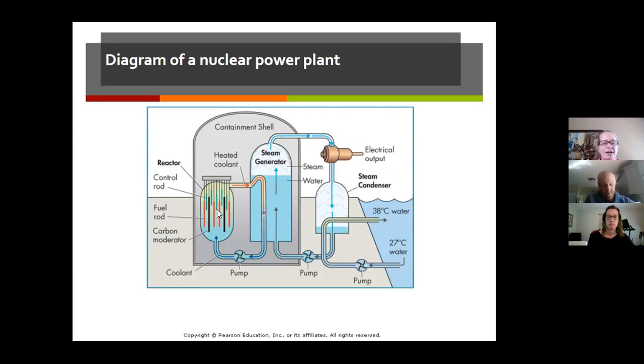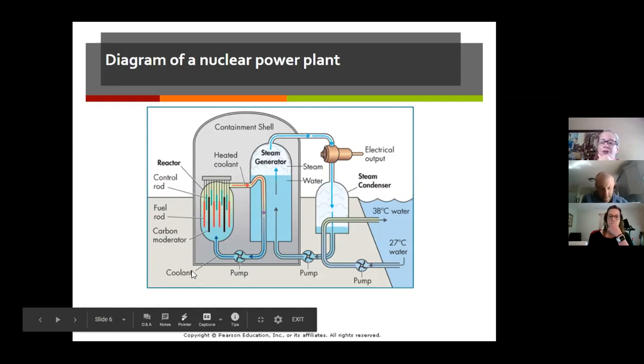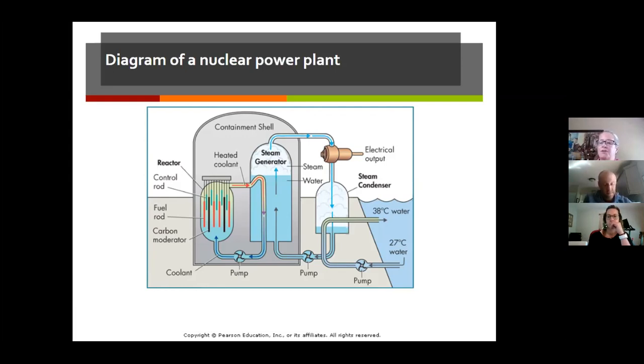The third thing I want to talk about is the coolant. The coolant and moderator have the jobs of absorbing the heat, but also getting the neutrons to the right speed, which is interesting. For the bombardment to happen, for the decay and the reaction to take place, neutrons have to be at a specific speed. So the moderator gets the neutrons at the right speed.